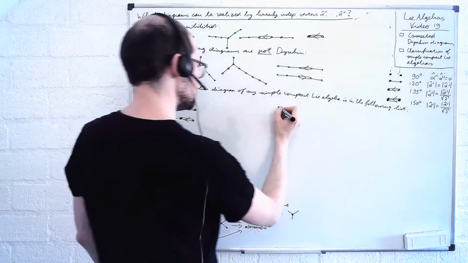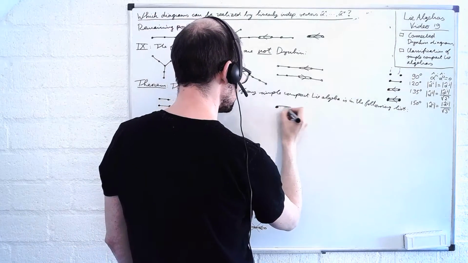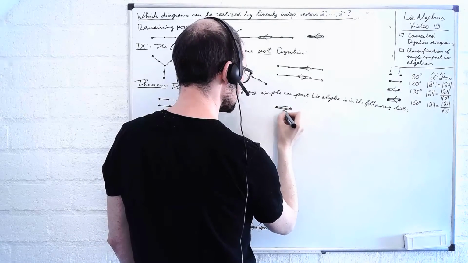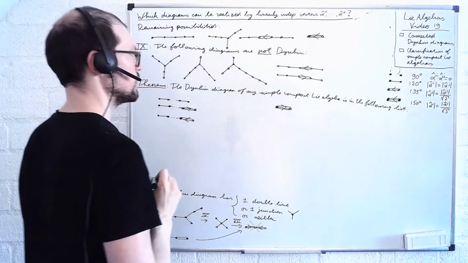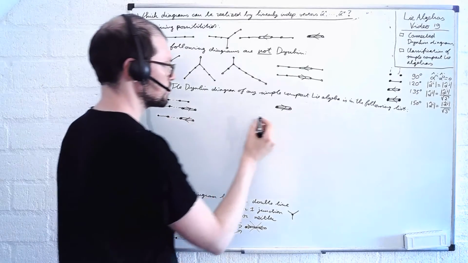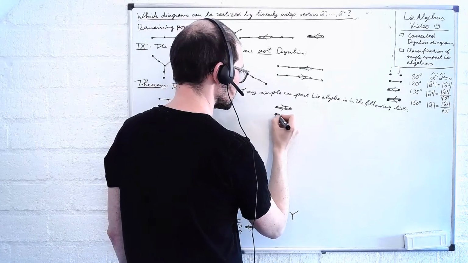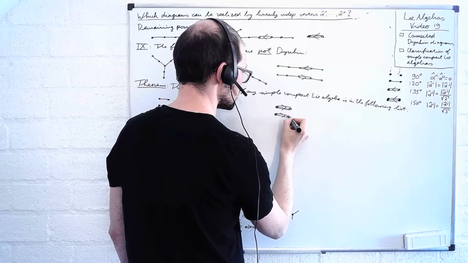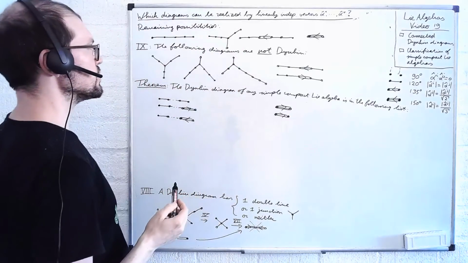Now let me mention here also the triple line. What other options do we have for the double line? Let's see.